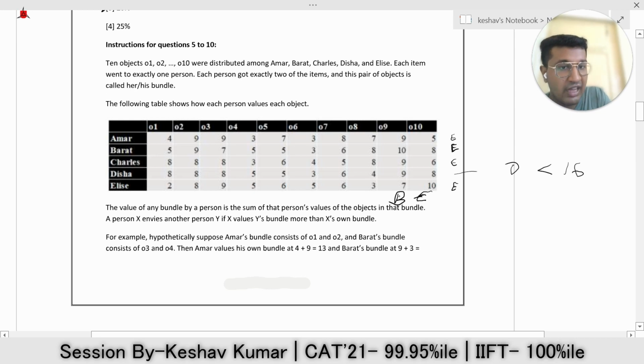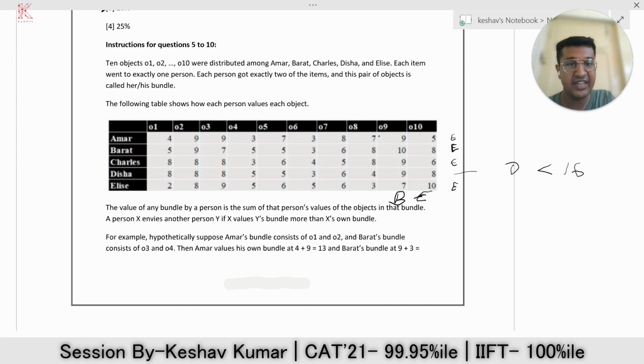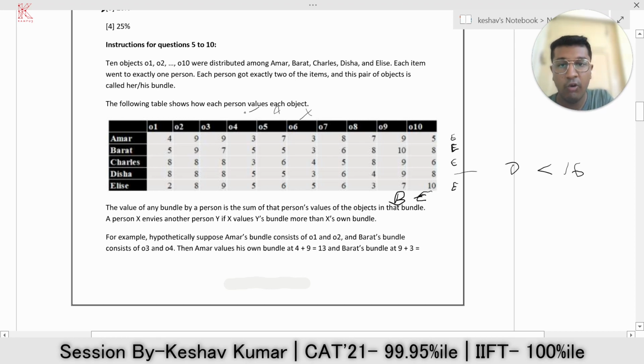So as Bharat values his bundle as a sum that is an even number, can you see he can't get O6, O5, O4, O3, O2 or O1, any of these, because if he gets any of these six, he will value it as an odd number and not an even number.